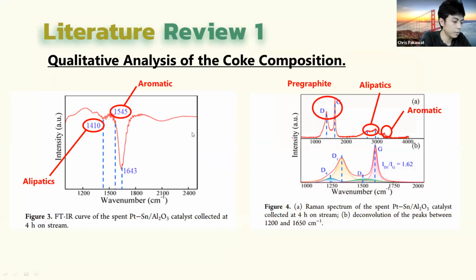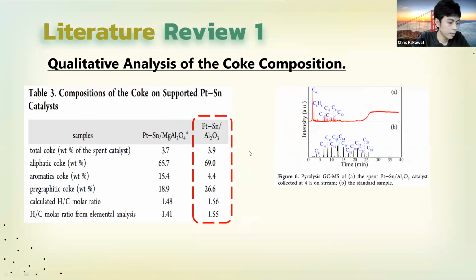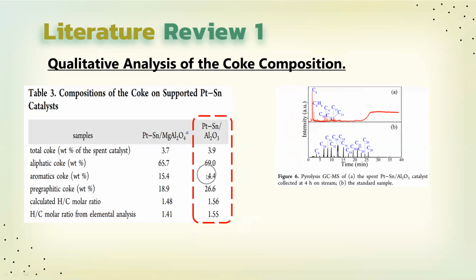And next, using FTIR and Raman spectra, the coke on the catalyst can be divided into 3 types: olefinic, aliphatic, and aromatic. Next, the TG analysis and pyrolysis give the amounts of coke, shown in the picture in this slide.